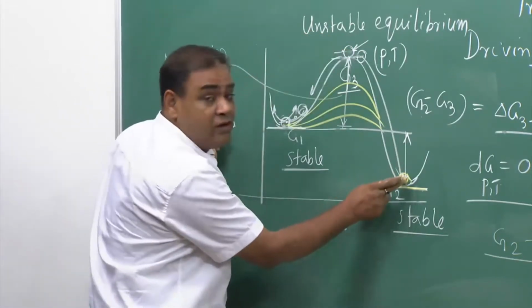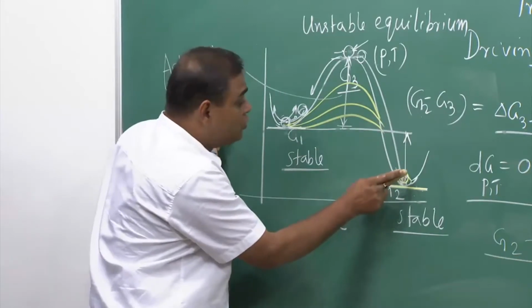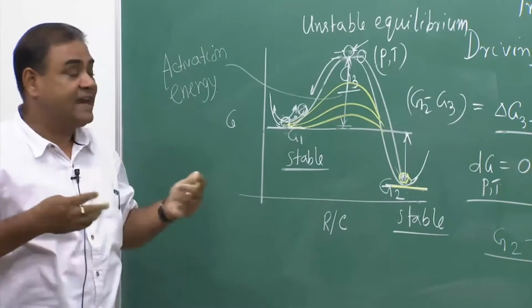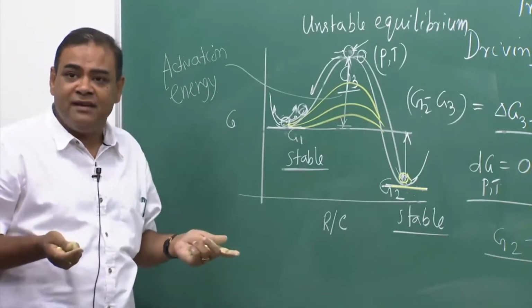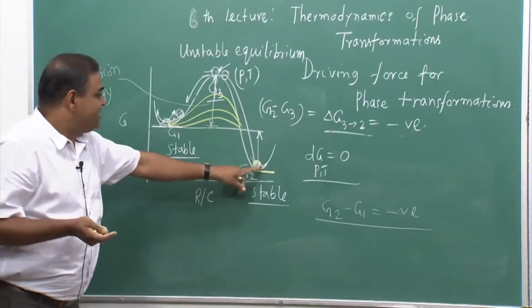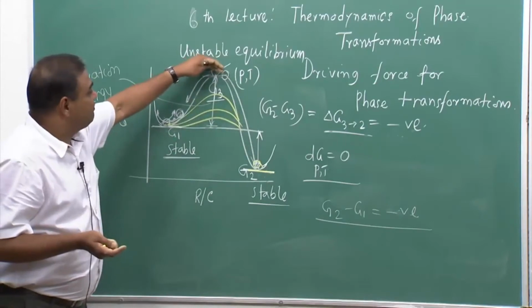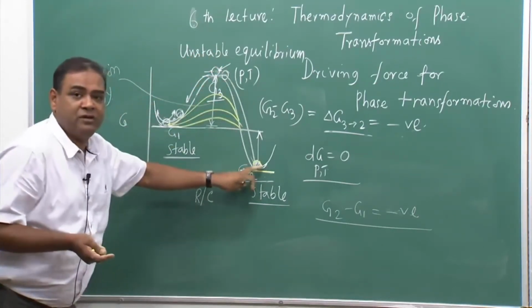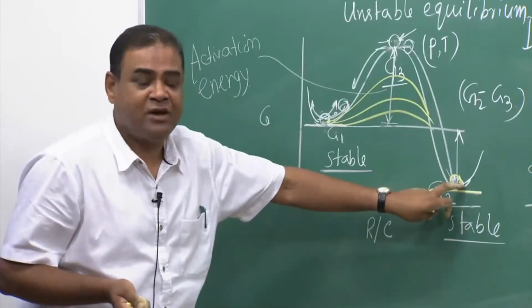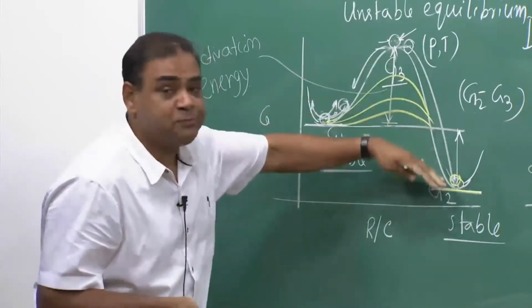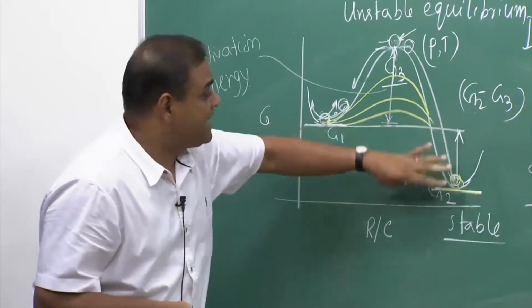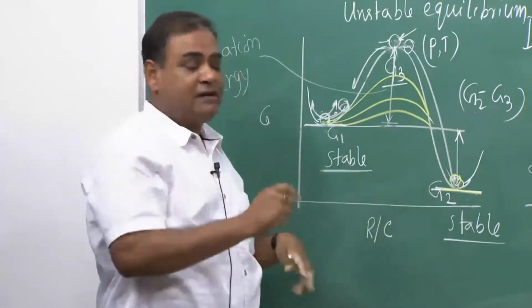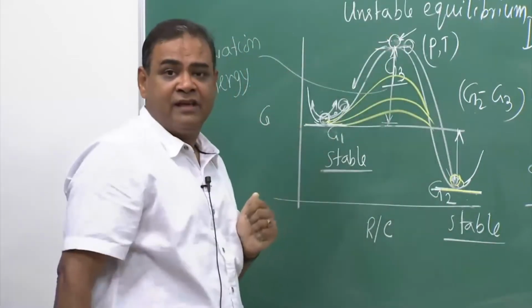Can the ball go to this point on its own? It cannot. Why? Because the natural process is that the ball rolls down towards lower potential energy, rather than going spontaneously up the hill, up the potential energy.